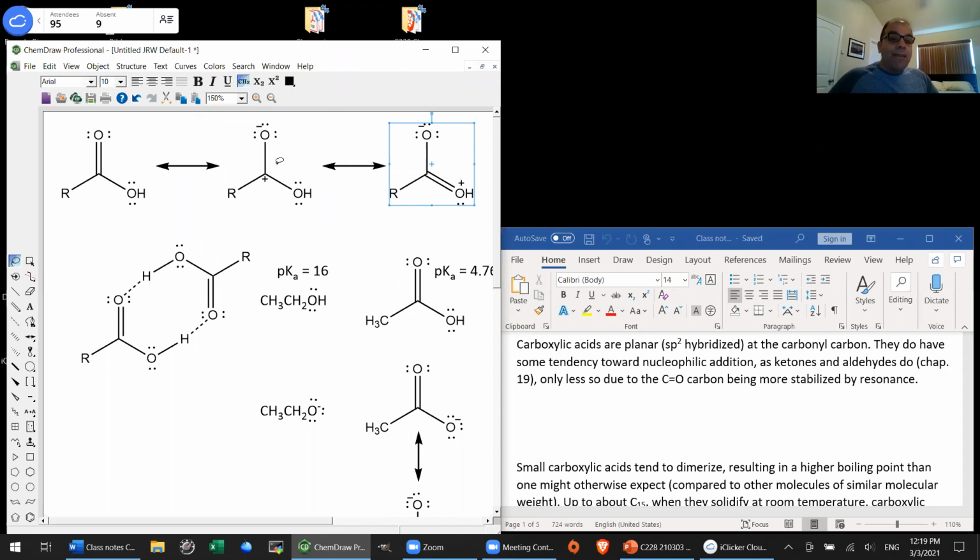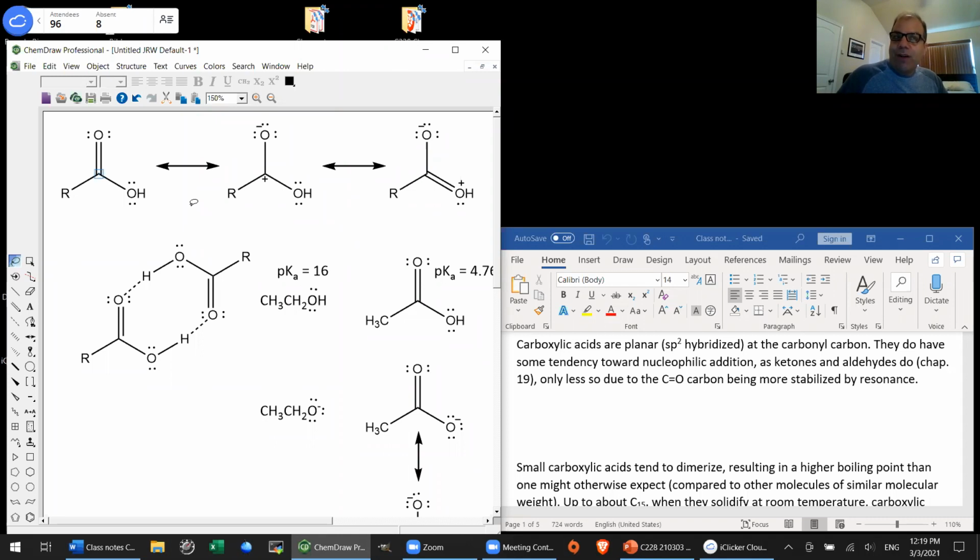And so that means that as carboxylic acids go in terms of electrophilicity, carboxylic acids are pretty much at the bottom in terms of reactivity towards nucleophilic attack. And we'll get to that eventually.